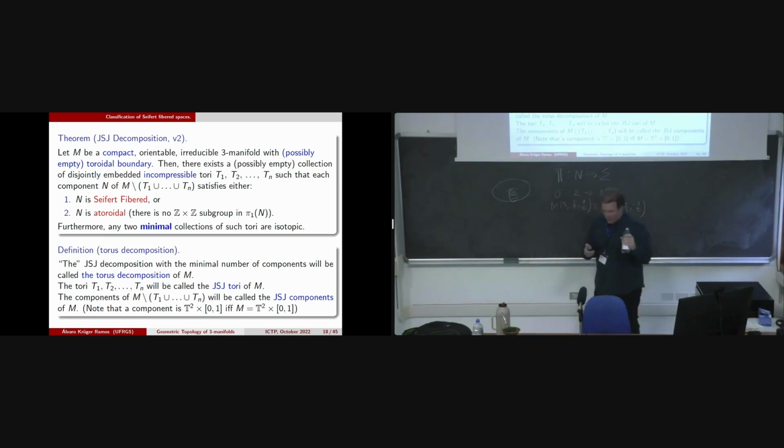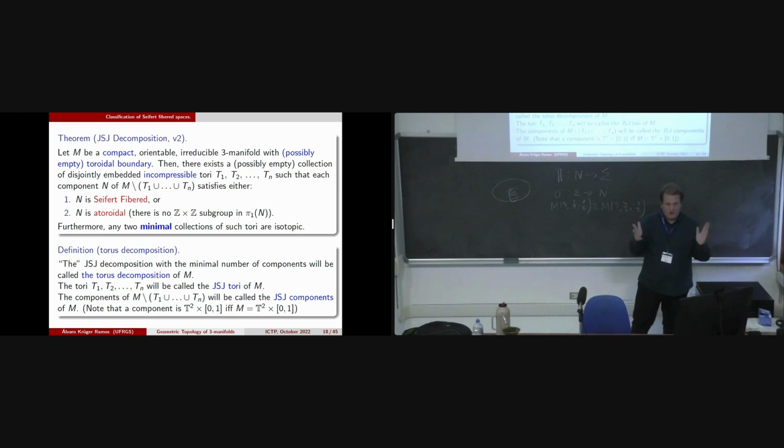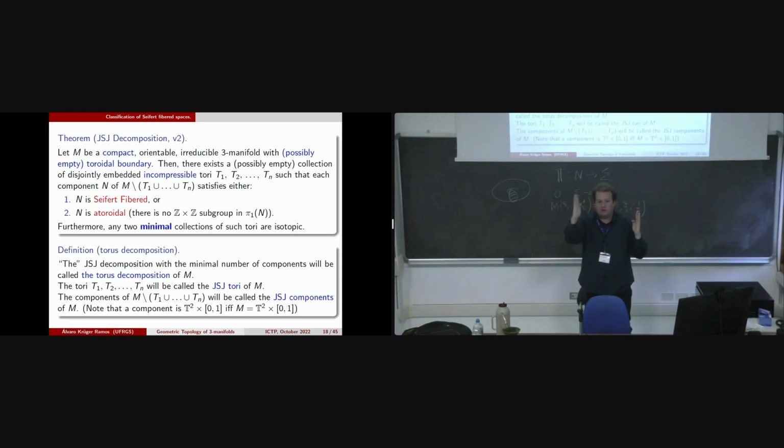And now, this is something we need to address. What happens if you have this manifold here, T2 cross [0,1]? This cannot appear in the JSJ decomposition. If this component appears in the JSJ decomposition, then it has to be everything. The decomposition must be trivial. Because otherwise, what is T2 cross [0,1]? Torus boundary here, just a line field here. So if you have more than one component, you just glue this together with the next component.